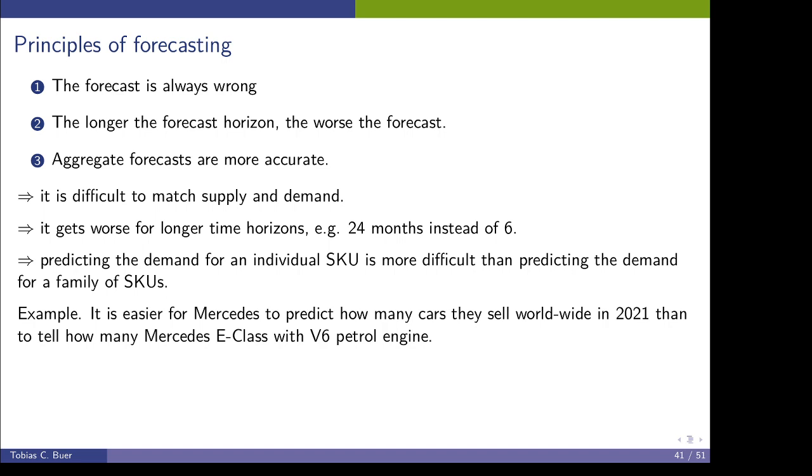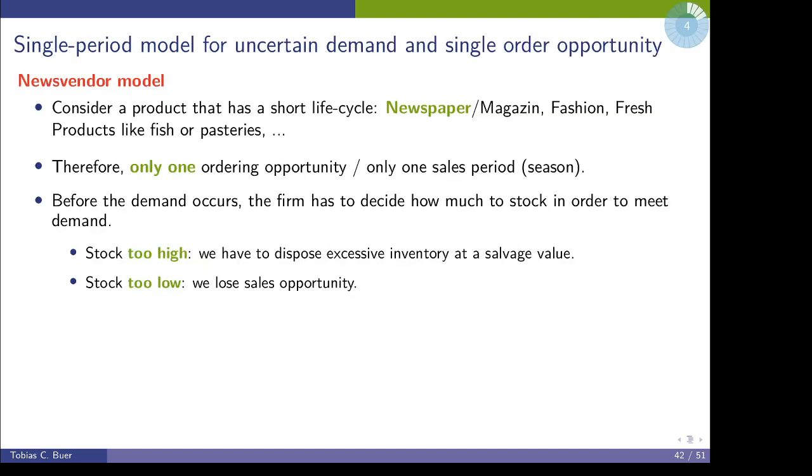Now, these are just some basic ideas about forecasting. We will not go into details on how to calculate forecasts. This will be done in future courses, but today we will use this forecasted information to try to improve our ordering decision.